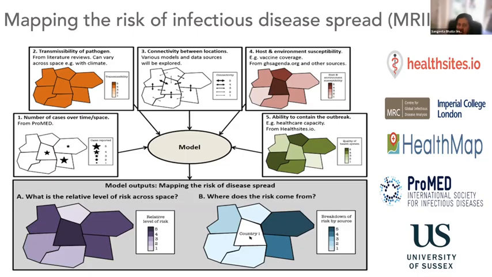So anything that you know about the pathogen, like its transmissibility, combine that with other sources of information, like how people are moving in a region, and the health system capacity of a country that we could get from Health Sites, and put all of that together into a probabilistic framework to characterize the relative level of risk across space, and for each country, where is that risk coming from? That was the goal of our project, which we had called EMRIDS.